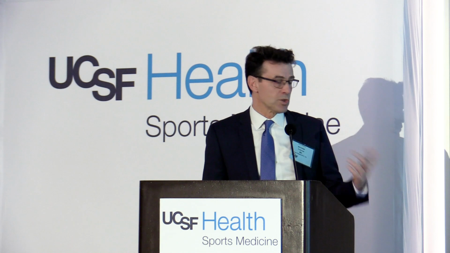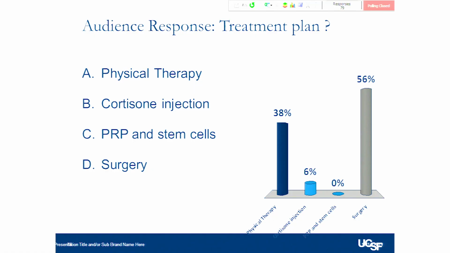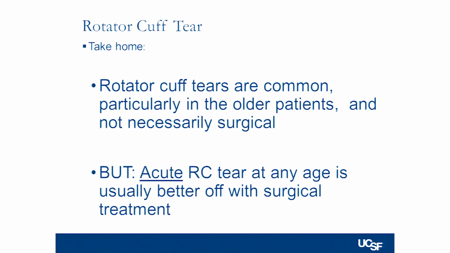They're not going to do that well with physical therapy. With surgery, they actually have a very decent chance of getting back most, if not all, of their function. So we treat the degenerative, non-traumatic tears very conservatively. We treat the traumatic, clear new finding tears far more aggressively.